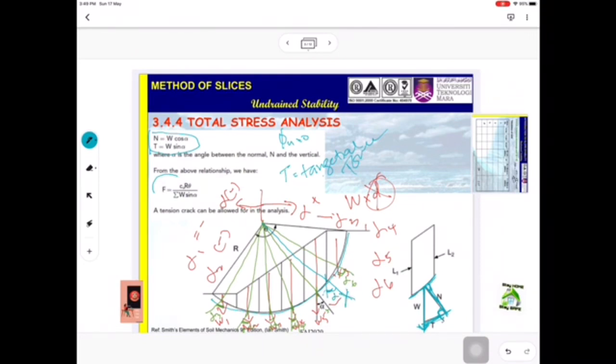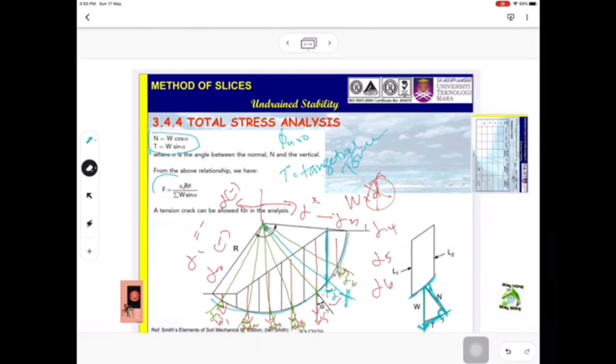This is wrong. It is not a line taken from O to the boundary line. You're supposed to take a line from O to W. This is W. So the green line is the correct one. This blue line is wrong.